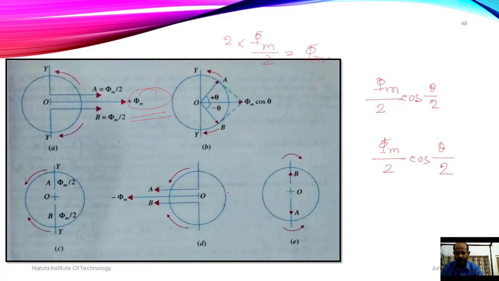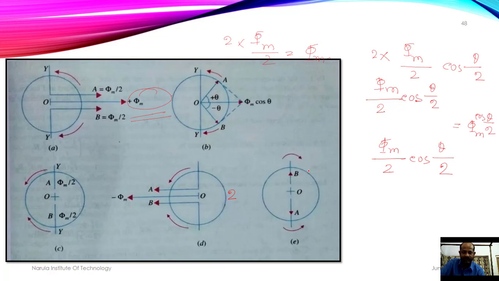So it will become 2 into phi m by 2 cos of theta by 2. So phi m cos theta by 2. So a different aspect is this.